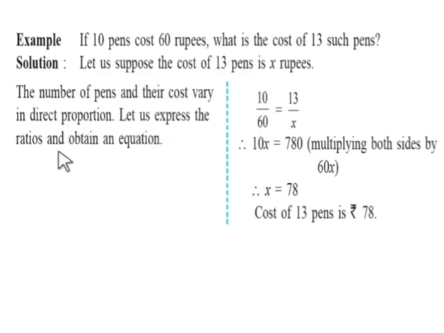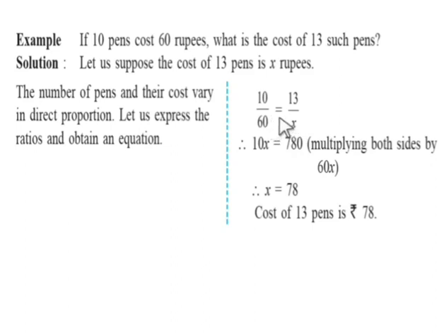So we will express them using ratios and then obtain an equation. Here we are taking the ratio of the number of pens to the cost of pens. If the cost of 10 pens is 60 rupees, we will consider the cost of 13 pens as X rupees. So we get the ratio 10 upon 60 is equal to 13 upon X. As these are in direct proportion, these two ratios are equal.